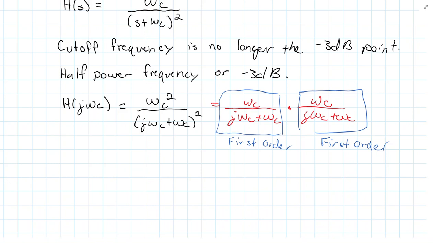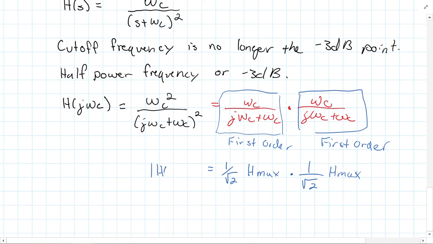So I know, for instance, that this is going to be equal to 1 over the square root of 2 H max times 1 over the square root of 2 H max, if I'm looking at the magnitude of H at j omega C. I know that just because when we set R1 equal to R2, these are just the first order responses sitting right there.